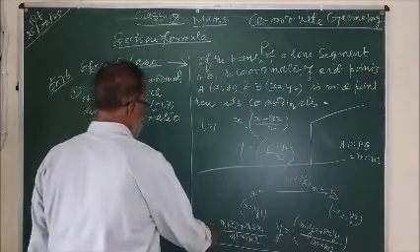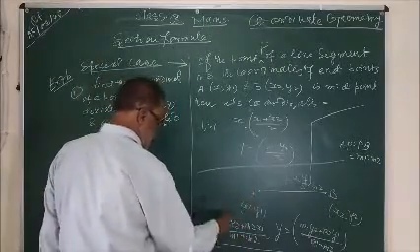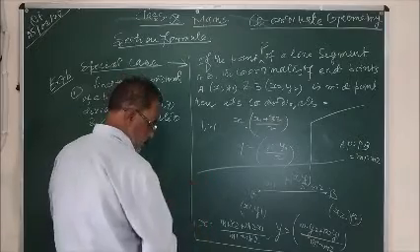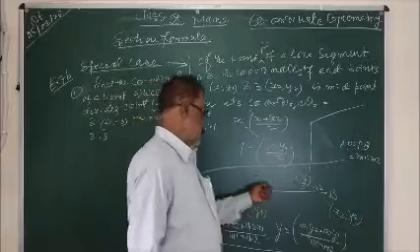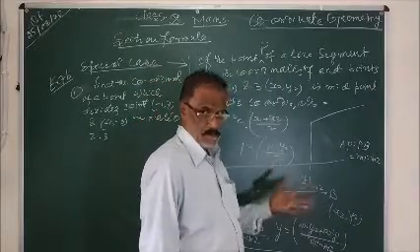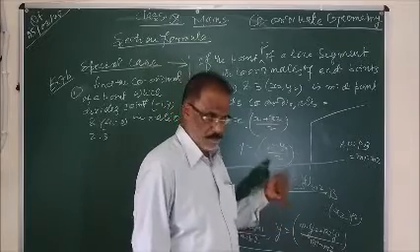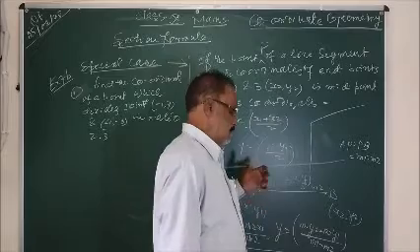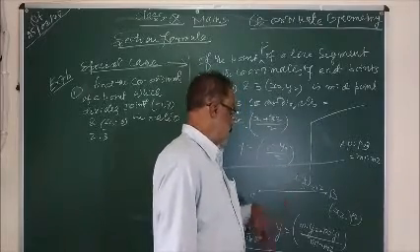You see here, M1, M2, it is a special case, because if P is not the midpoint, there will be any ratio M1, M2, like 3:2, 5:4, 3:7, 7:5. But here it is the center, the middle point.